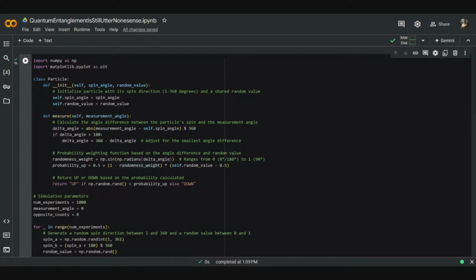I can't imagine this failing. This is the problem, you see? It's flipping the coin in real time. This is, of course, not allowed. It didn't use the random value that I told it to use. So measurement angle.